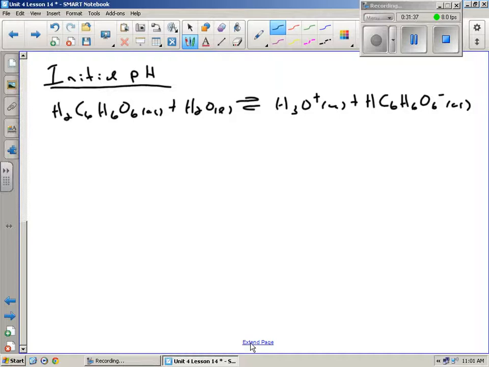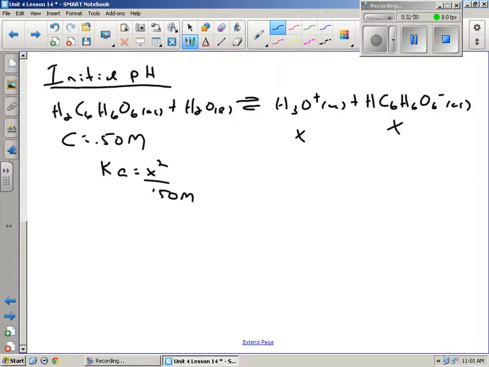We're starting with a concentration of 0.5 molar. We need to figure out the initial pH, so we do Ka equals x squared over 0.5 molar.